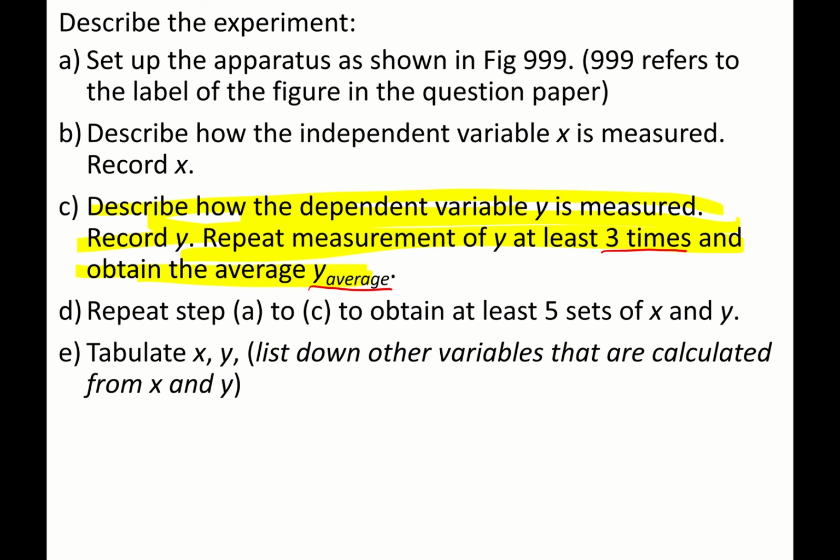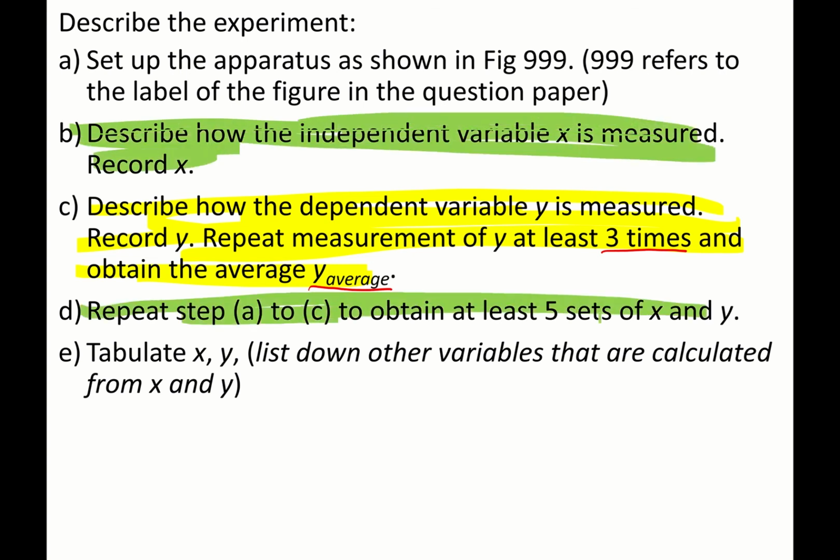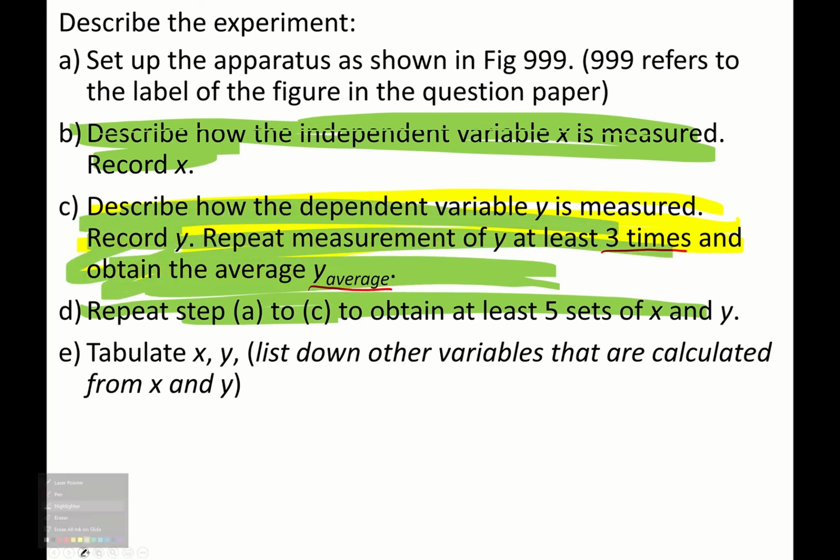So for me, I label A, B, C, D, and then part D, I said repeat step A to C to obtain at least 5 sets of X and Y. Okay, sorry, I made a mistake here.